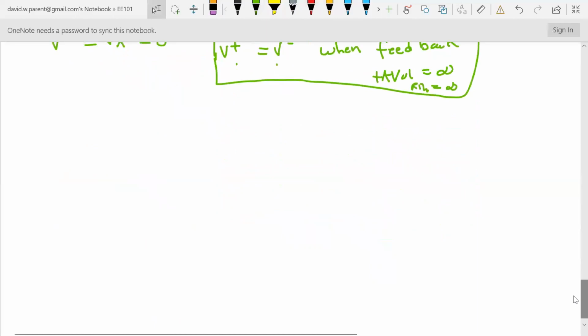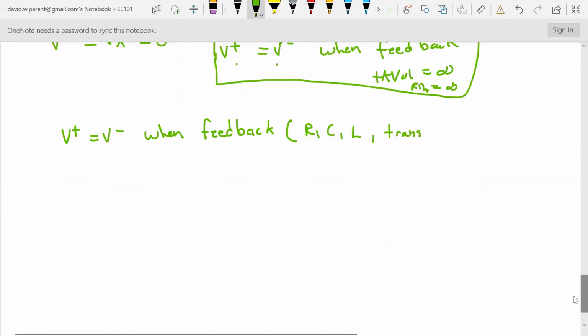Well, now we have this relationship: V plus equals V minus when there's feedback, and that can be a resistor, a capacitor, an inductor, and even a transistor, a diode.